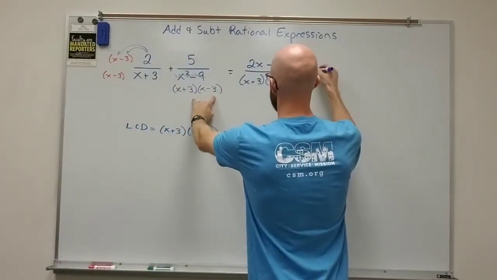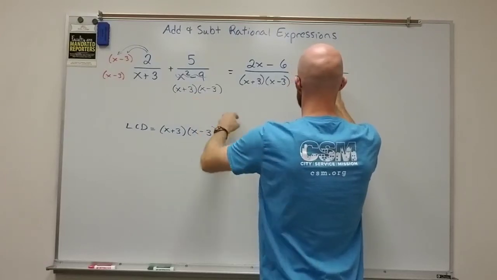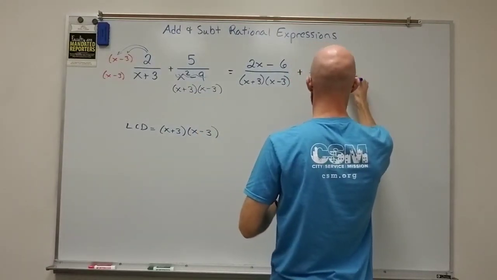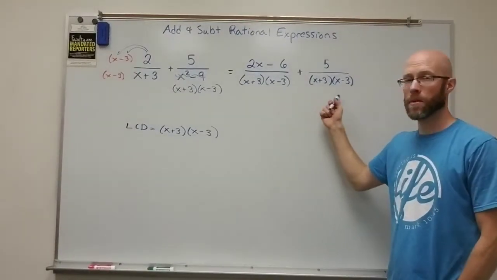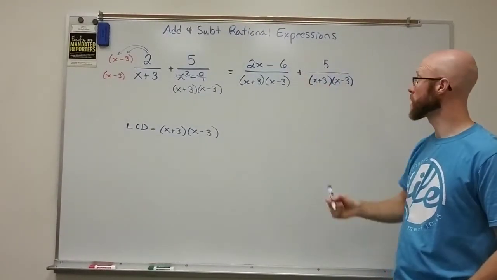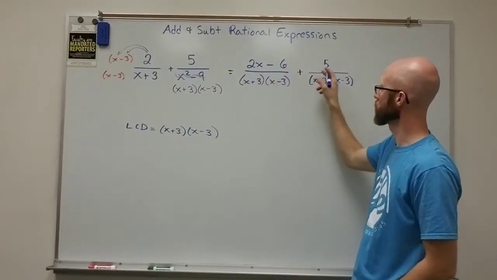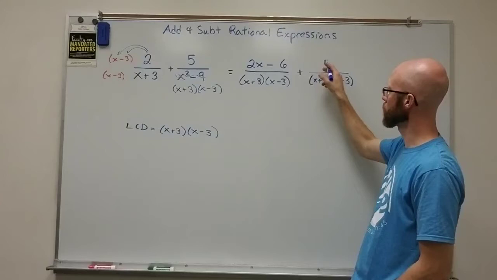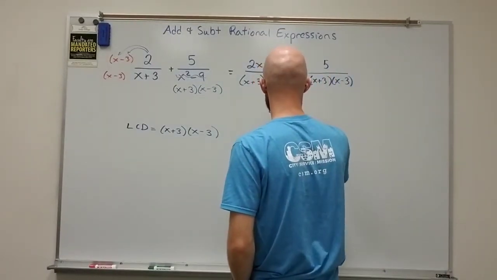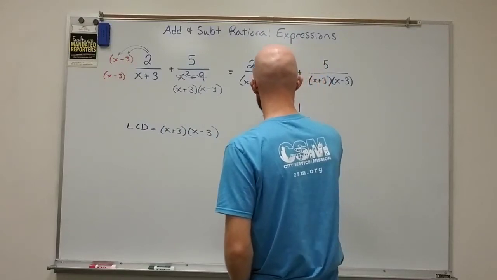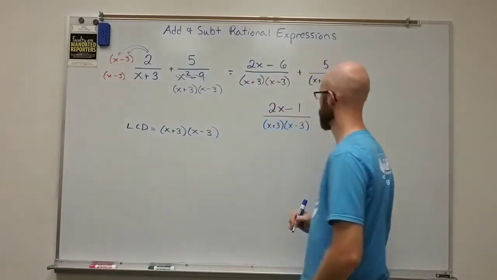Here, we're going to add in the 5 and, again, x plus 3 and x minus 3. Okay. So now that I have common denominators, we just add together the numerators. Of course, 2x doesn't combine with anything. Minus 6 plus 5 is a minus 1. So we really have 2x minus 1 all over x plus 3 times x minus 3.